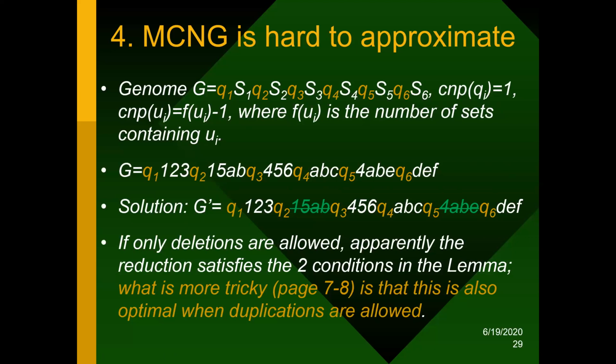But what is slightly more tricky is that this is also the case when arbitrary duplications are allowed. But as for the proof, I will not have time to discuss that. It's on page 7.